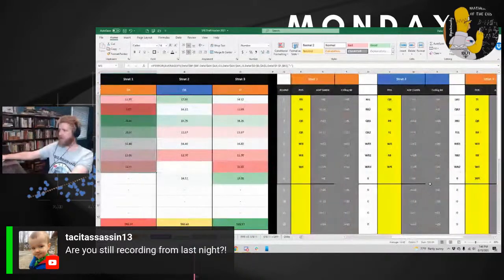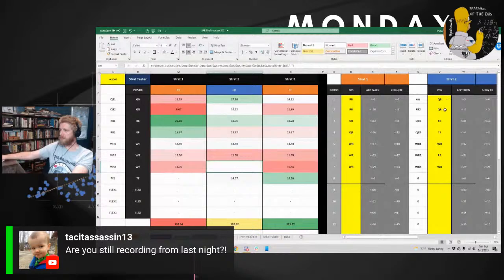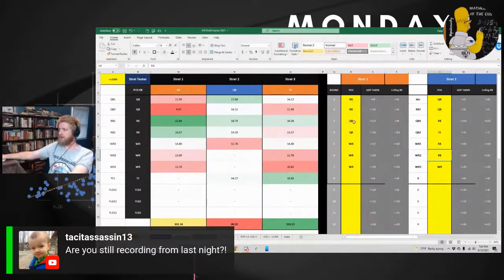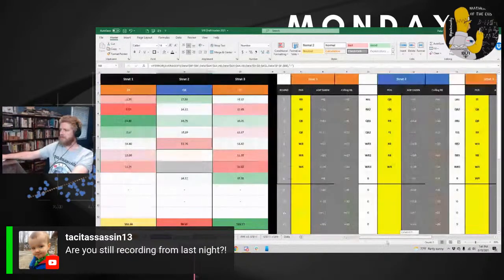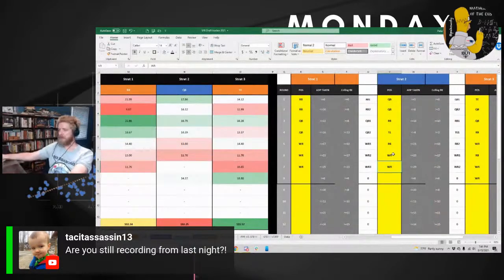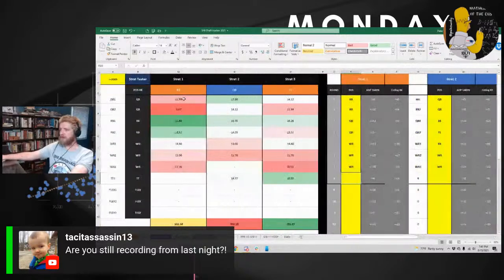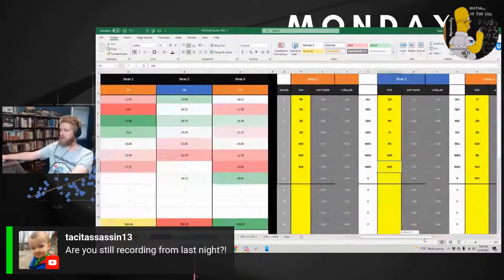How'd you fill out the first 7 spots on your roster? Huh?